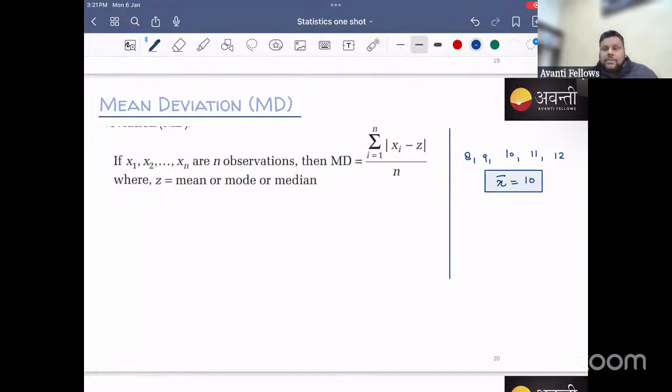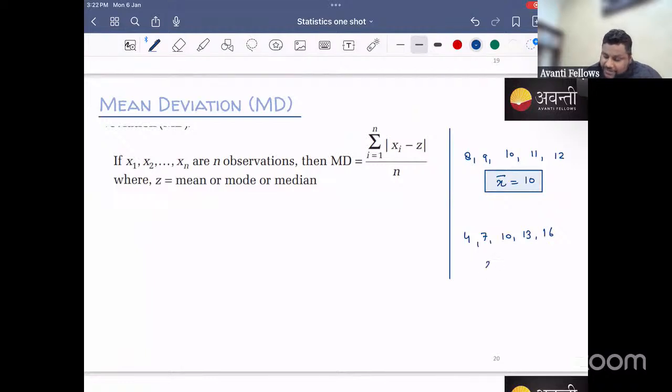Understood? Now, another batsman in these 5 matches scored 2, 3, let's take it 4, 7, 10, 13, and 16.